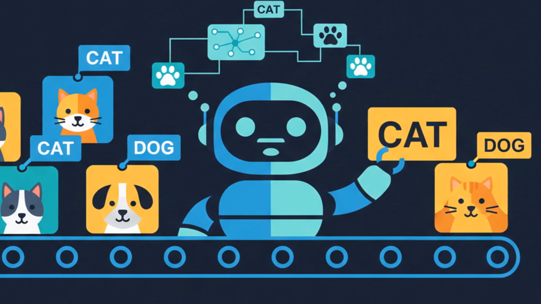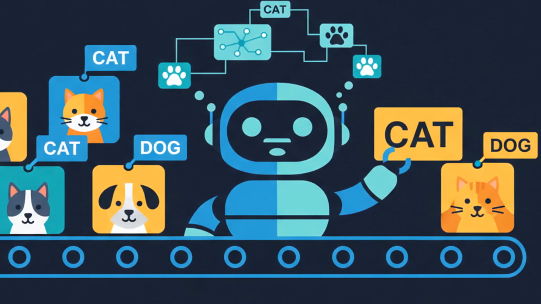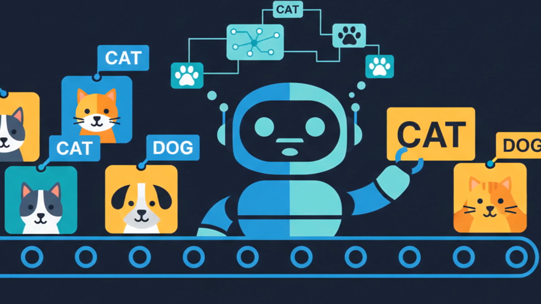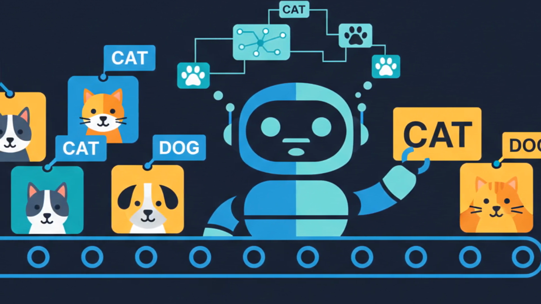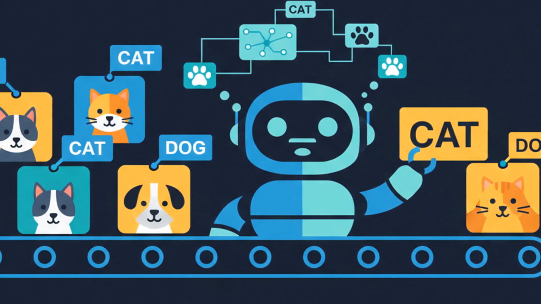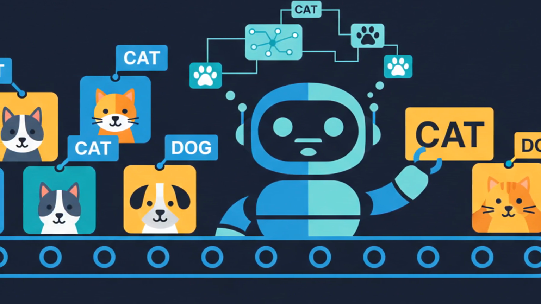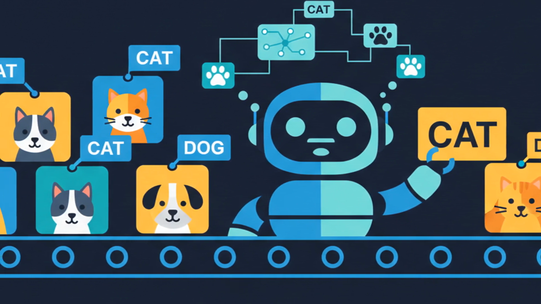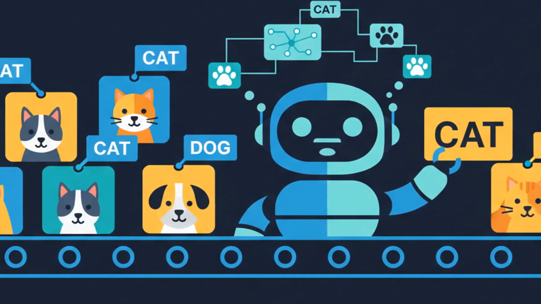Picture of a dog, you say, dog. After hundreds of examples, the child starts recognizing new animals they've never seen before. That's supervised learning in a nutshell. The machine learns the relationship between inputs and their correct outputs, then applies that knowledge to new situations.